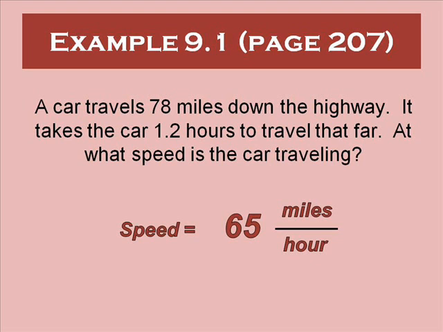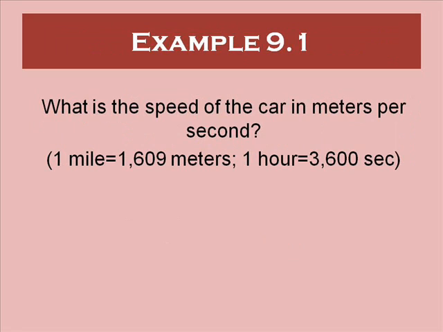The answer that you should have gotten for that was 65 miles per hour. That's how fast the car was traveling. So we calculated that car was going 65 miles per hour. Now we're going to convert or change the units from miles per hour to meters per second.